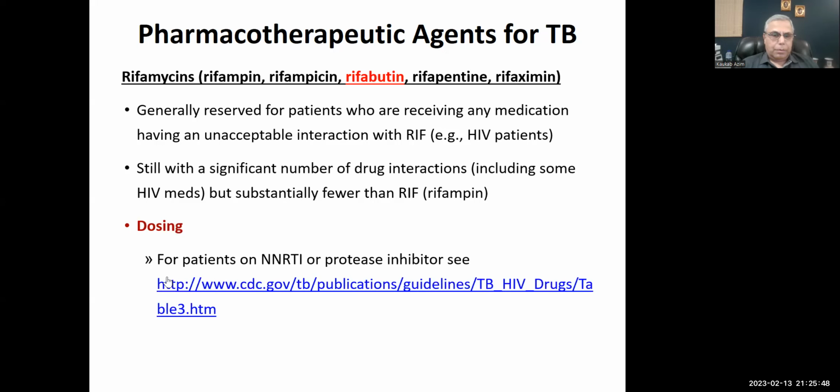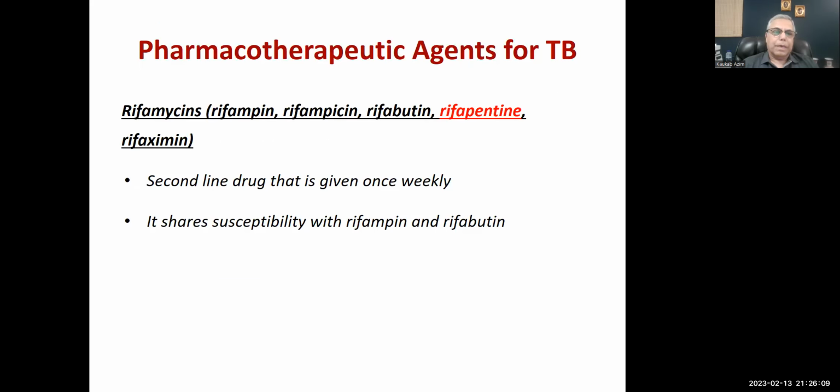For patients on non-nucleoside reverse transcriptase inhibitors or protease inhibitors, there is a drug interaction, so you have to refer to these guidelines, okay? And monitoring parameters are same as rifampin, again, liver function and CBC as well.